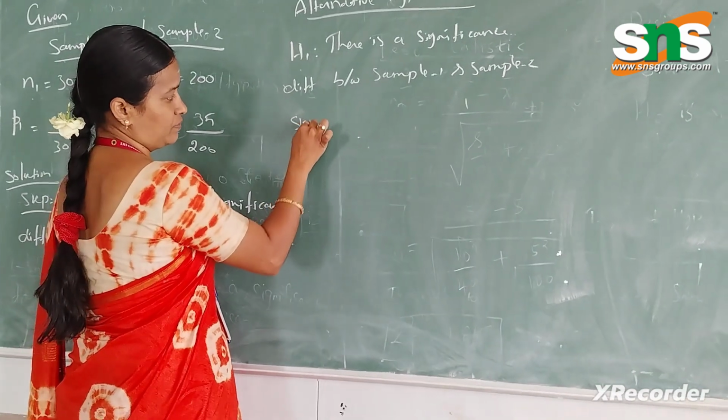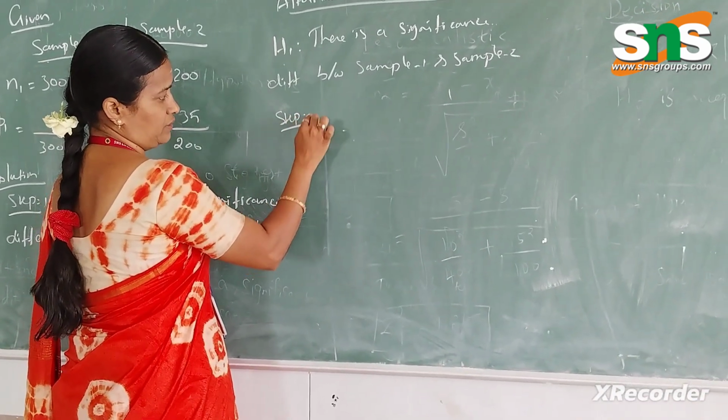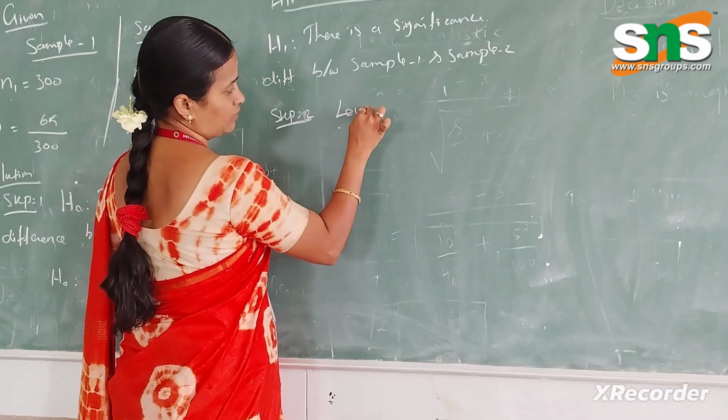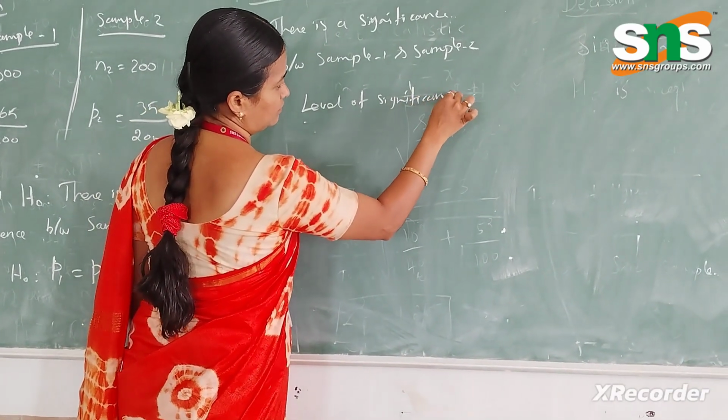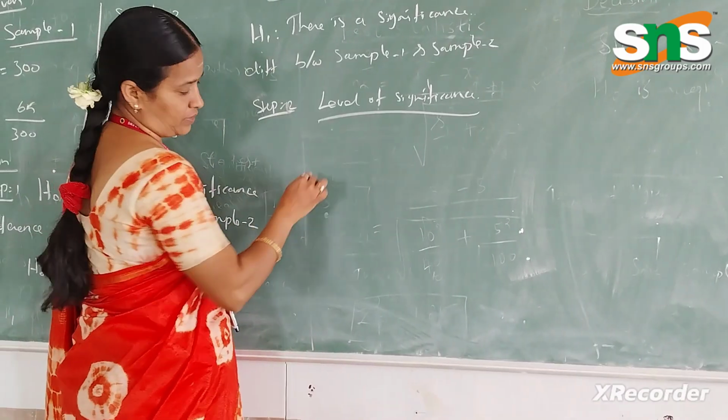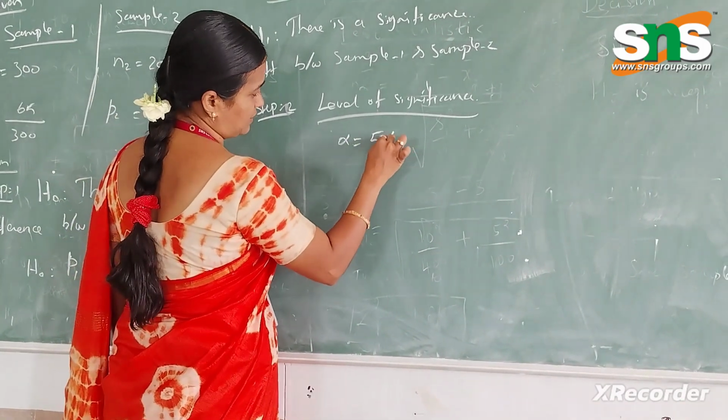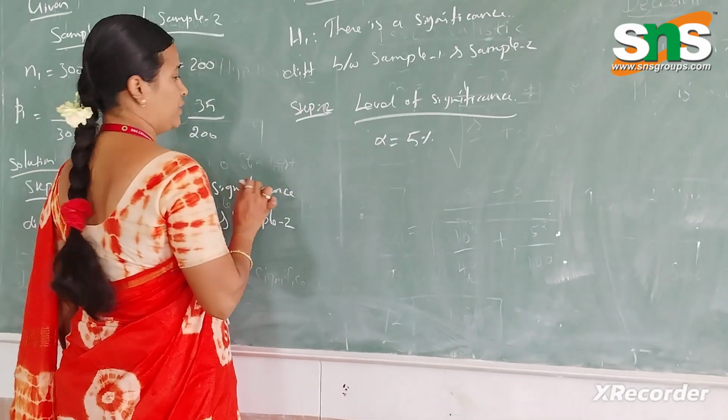Next, step 2: we decide the level of significance. Alpha is equal to 5%, as given in the problem.